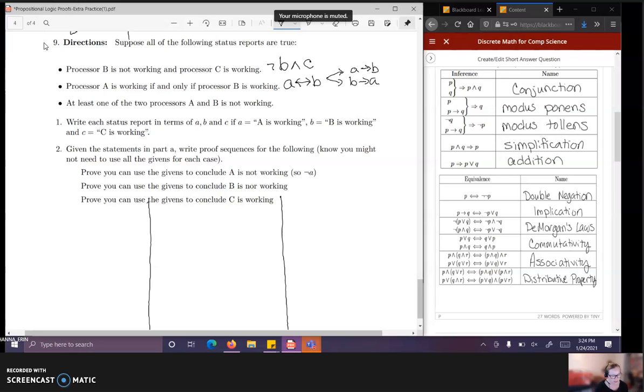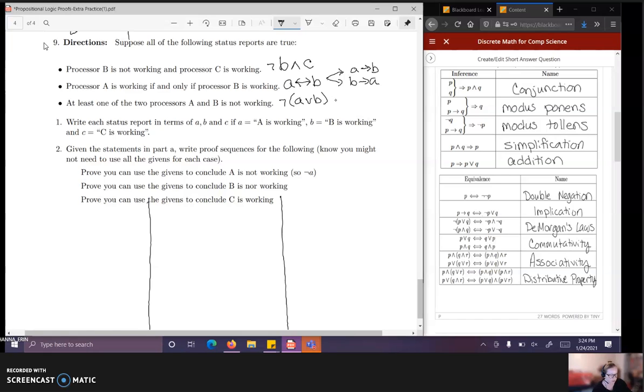And then at least one of the two processors, A and B, is not working. So essentially it has to be the case that either A is not working or B is not working. So it'll be not the case that either A is working or B is working.